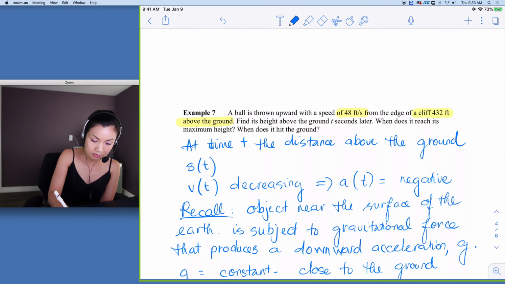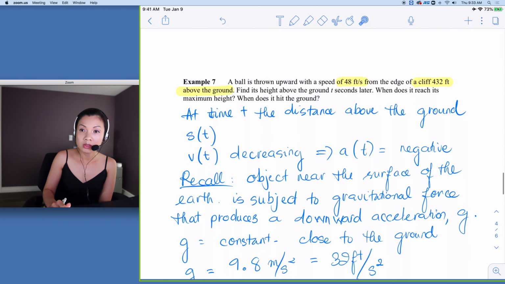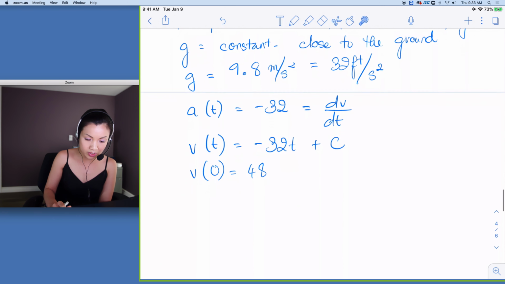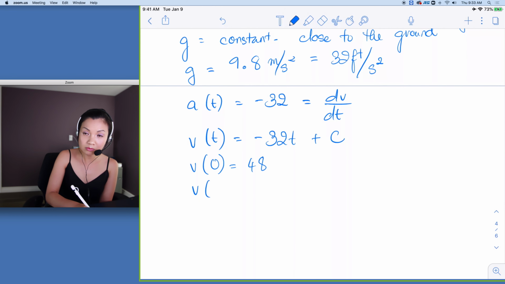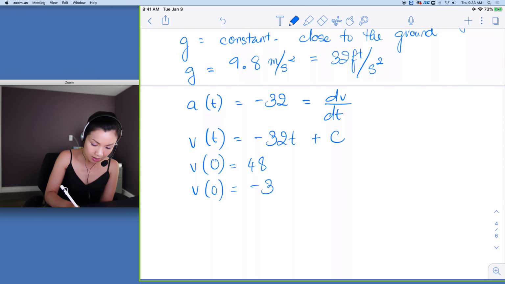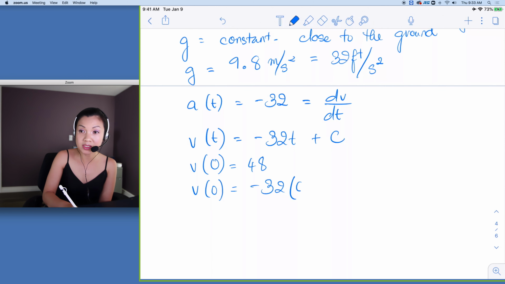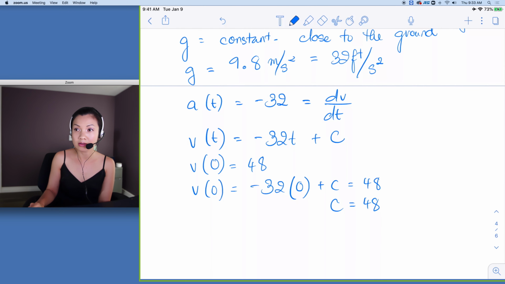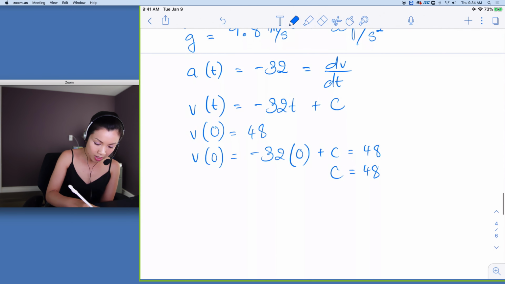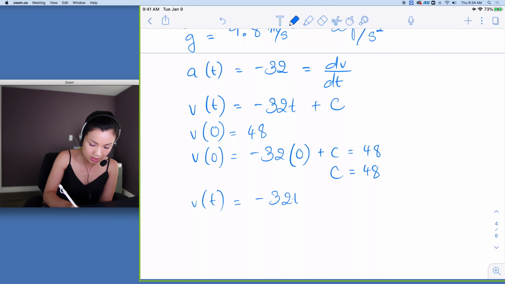Right here, you see a ball is thrown upward with a speed of 48. Let's plug it in. v of 0 is negative 32 times 0 plus c, which is 48. Therefore, c has to be 48. So now I'm ready to write my velocity function, which is negative 32t plus 48.